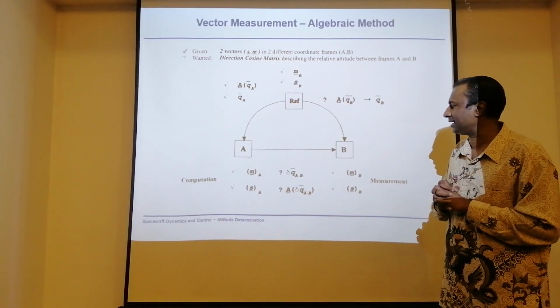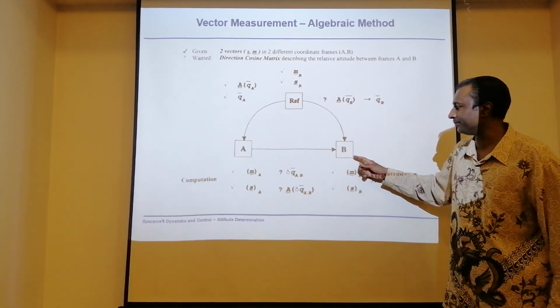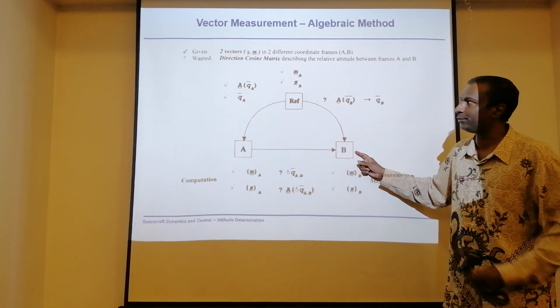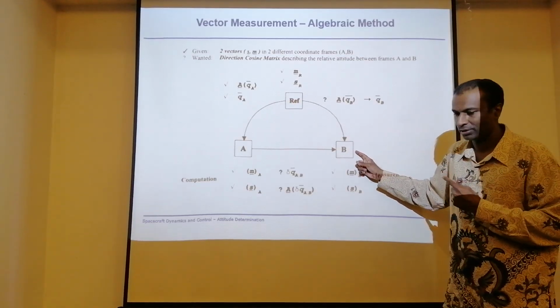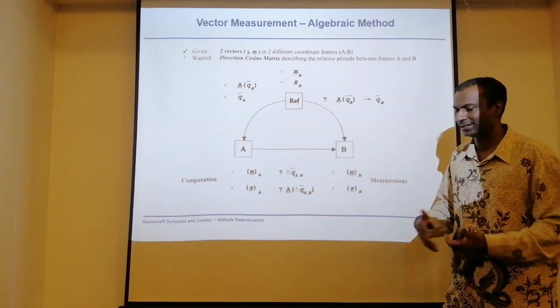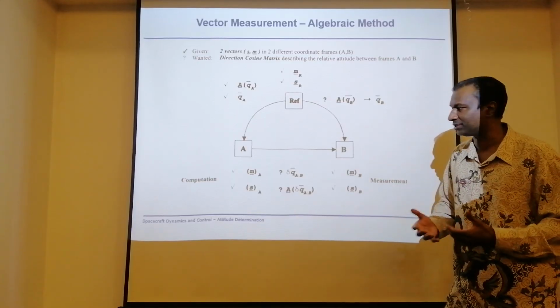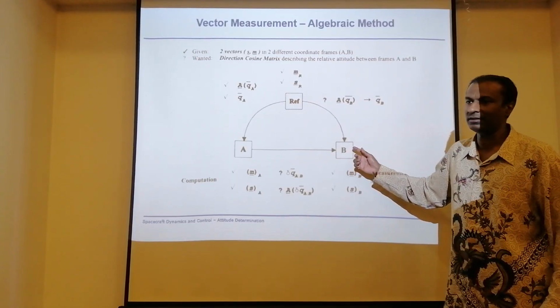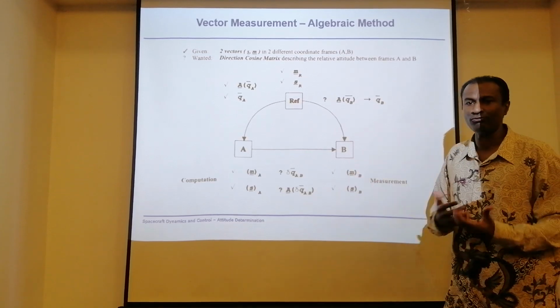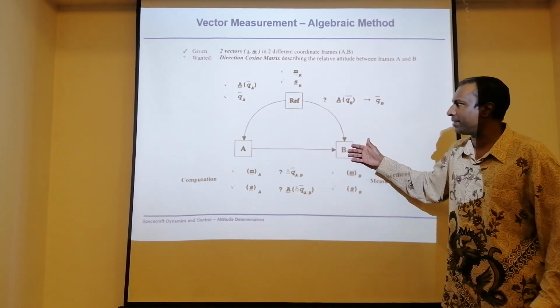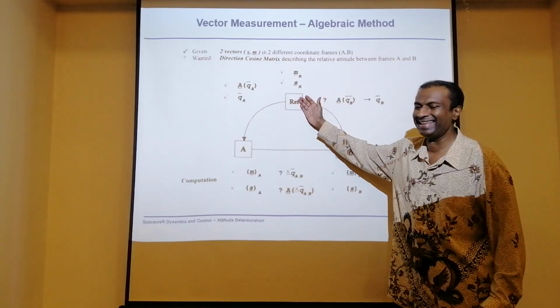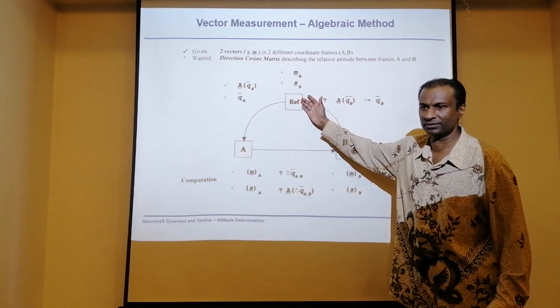Now, you must understand that we have also discussed this. When we want to do attitude determination, that means you are going to install, let's say, a gyro, or any other active sensors, in the body, and this body is going to measure with respect to the initial reference.